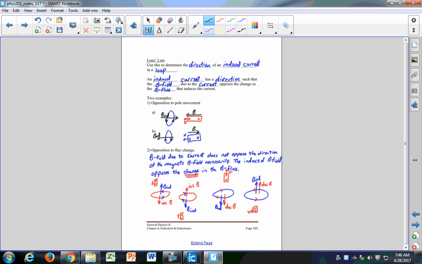And here it's a decreasing magnetic field, and so it will be in the opposite direction, trying to keep that magnetic field at what it was before. Okay? We went through a few different scenarios right here. Make sure you follow those and how Lenz's Law is applied in those cases.